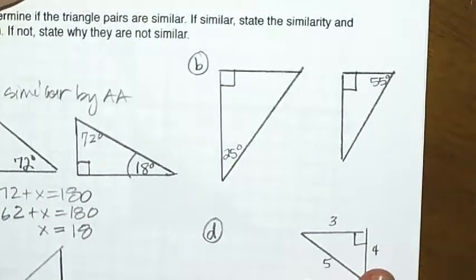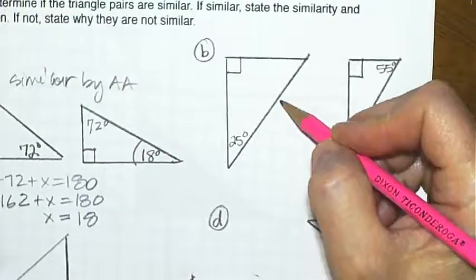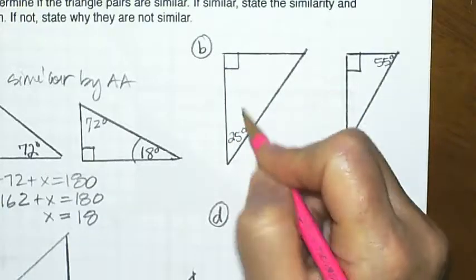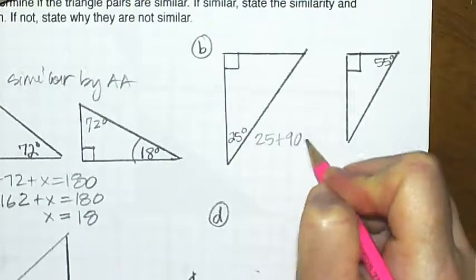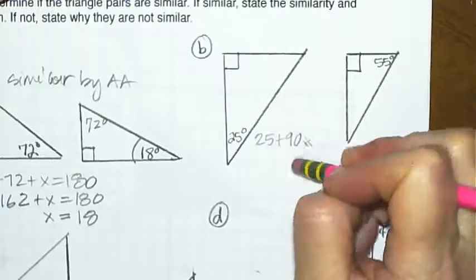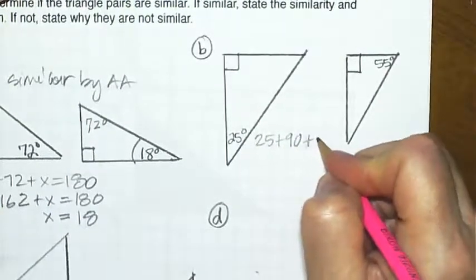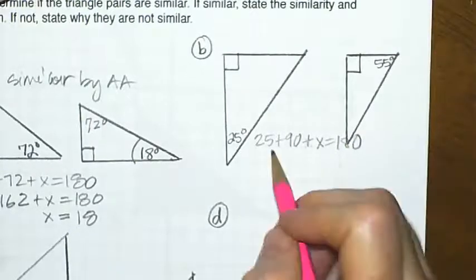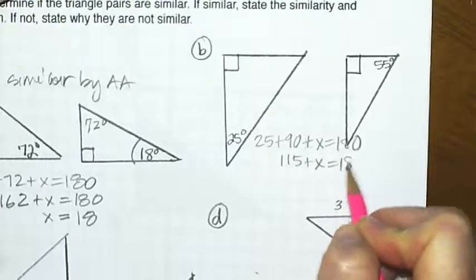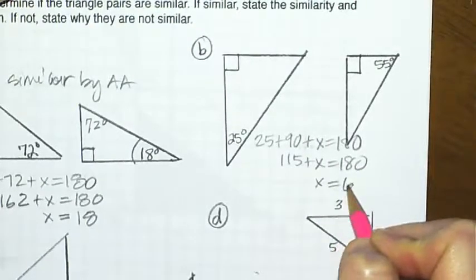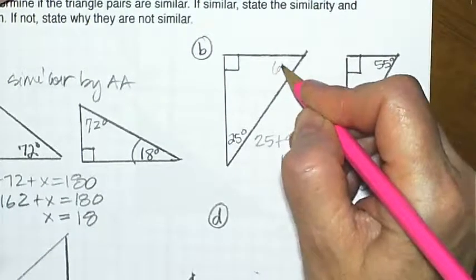Okay, part B. I'm going to do the same process and see if we've got 2 angles that are equal. I know that these 3 angles add up to 180, so 25 plus 90 plus x equals 180. 25 and 90, that's going to be 115. So then this missing angle is going to be 65, not 55.